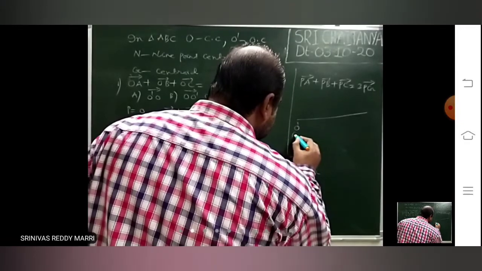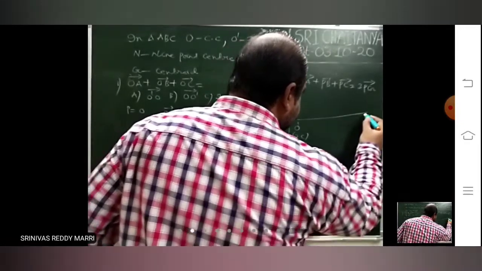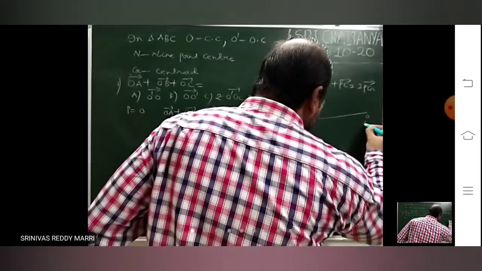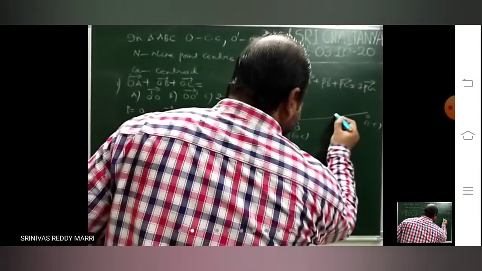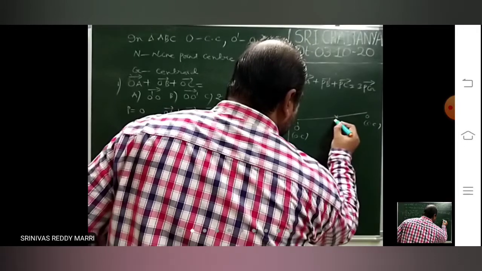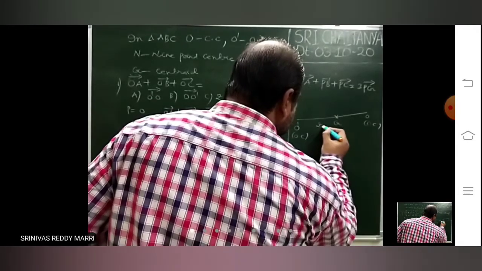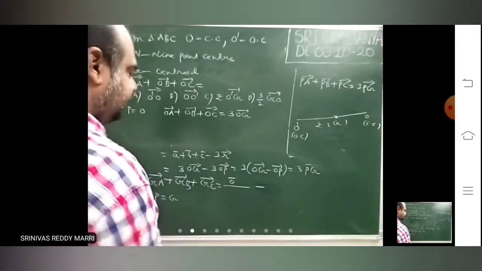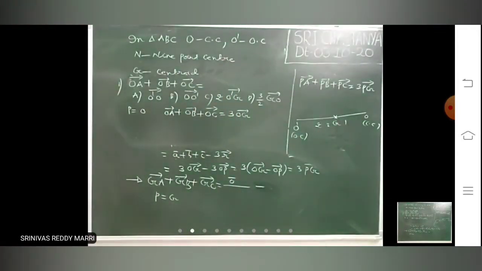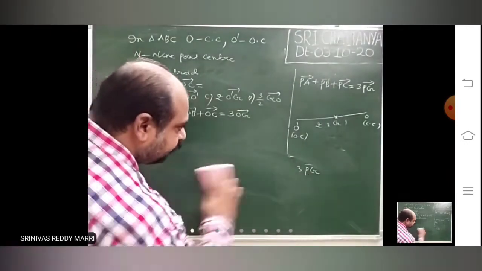O dash is the orthocenter and O is the circumcenter. The centroid divides the line joining the orthocenter O dash and the circumcenter O in the ratio 2:1.